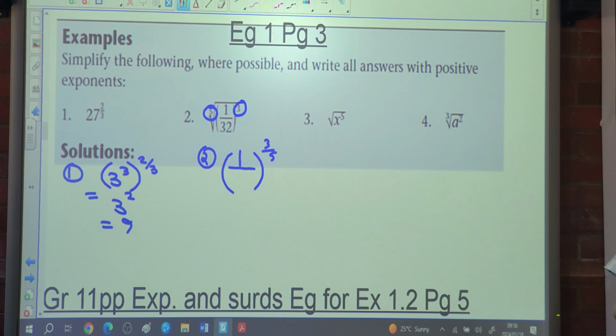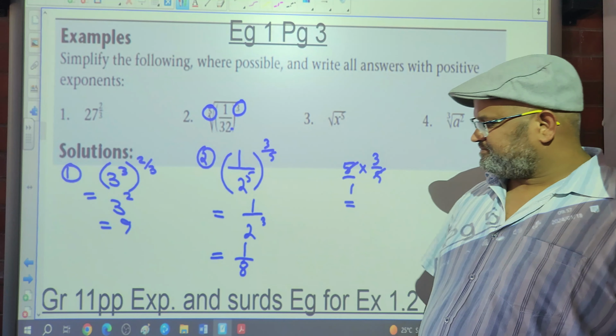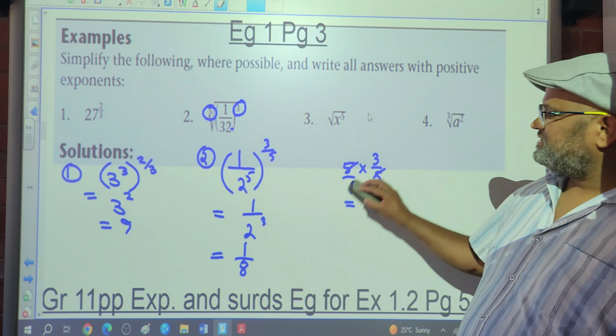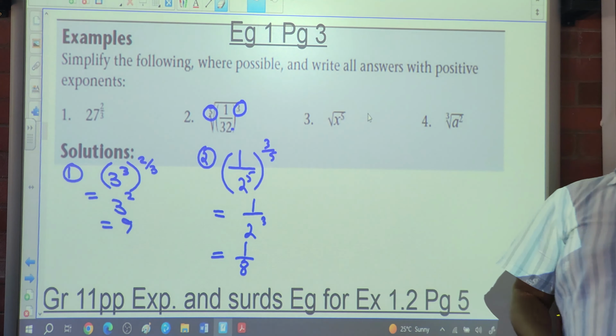You just tell me if you don't understand. 1 to any exponent is 1 over. So we raise that exponent to the higher exponent, or we multiply the exponents. So that will be 2 to the 5 multiplied by 3 over 5. What would that be? 3. And what is 2 cubed? Any confusion thus far?